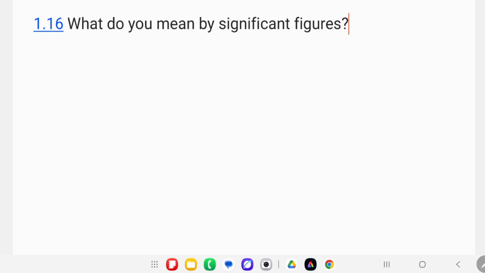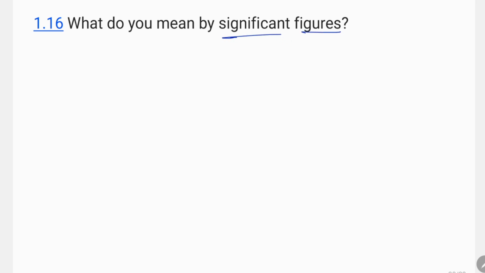Okay. Next question is, what do you mean by significant figures? Significant figures are numbers or digits that are meaningful.